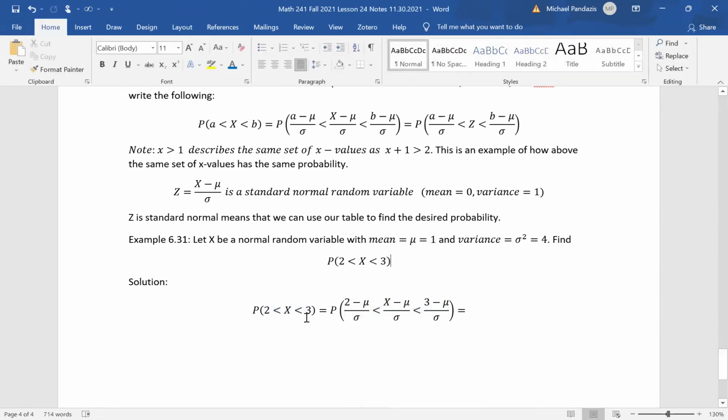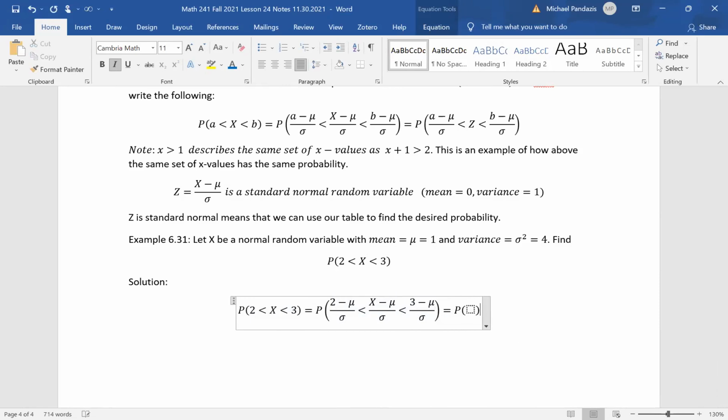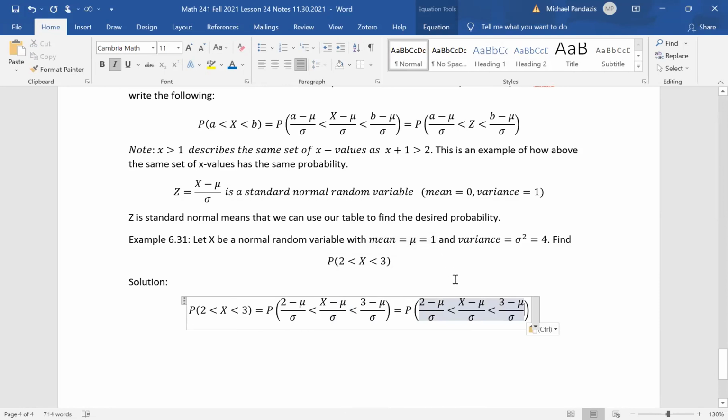Sigma is positive, so dividing by a positive number does not change the direction of the inequality. We know that mu is 1, so I'm just going to substitute mu as 1. And we know that sigma squared is 4, so that means sigma is 2.